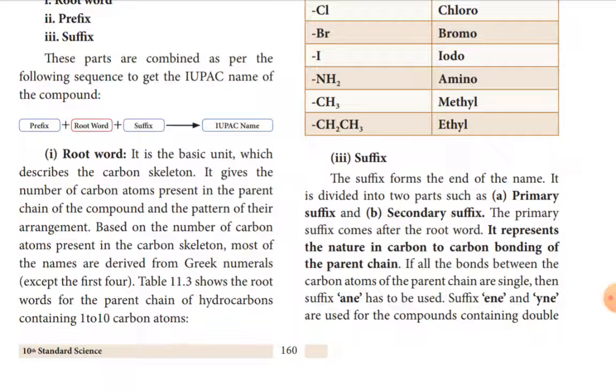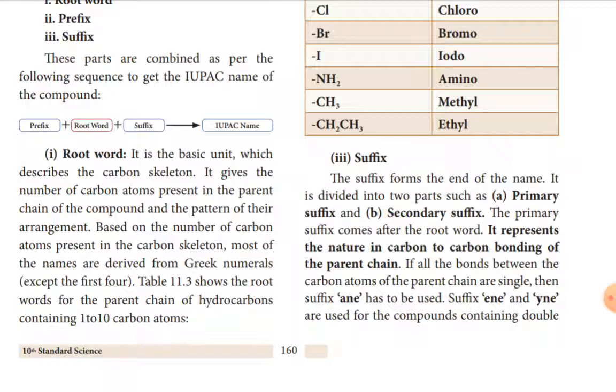Based on what type of bonding is between the carbon atoms, whether it possesses a single covalent bond, double covalent bond or triple covalent bond, that defines the primary suffix that comes after the root word.